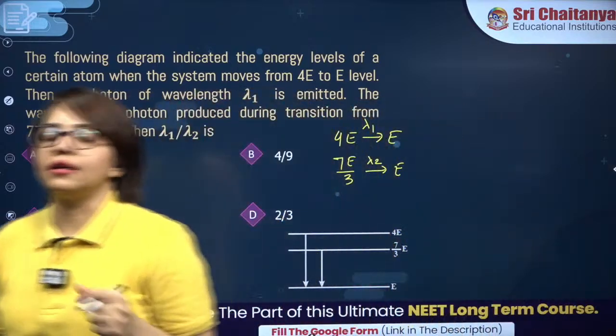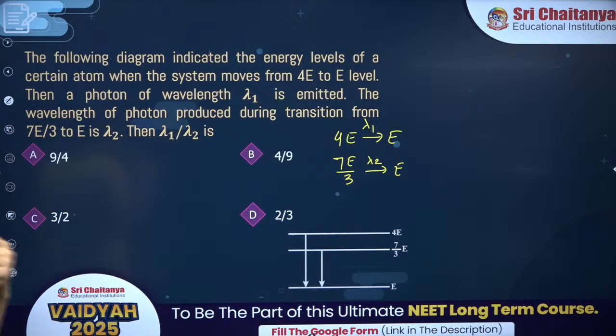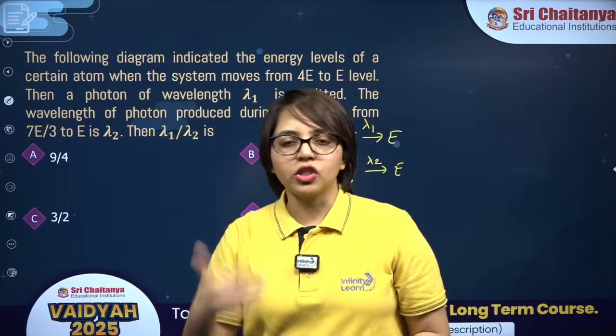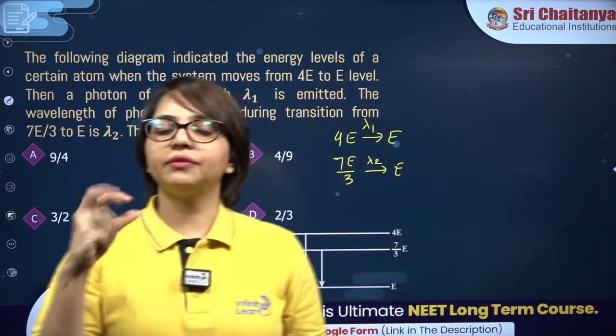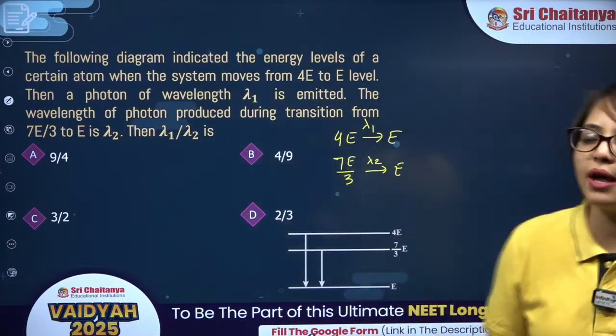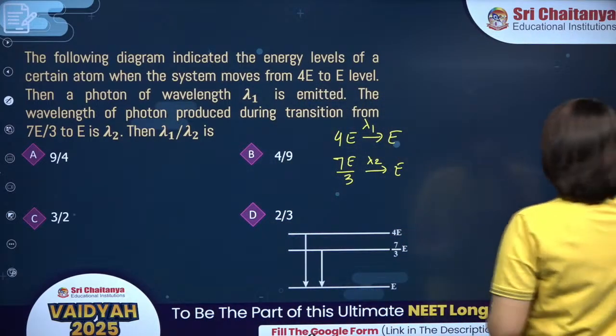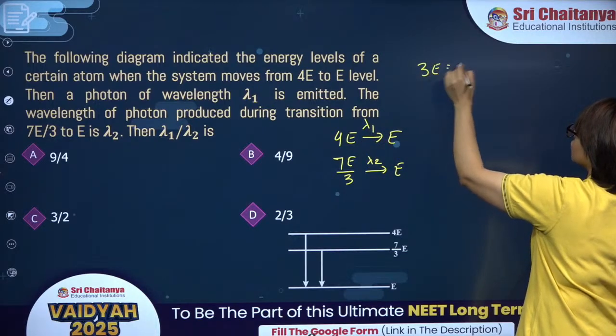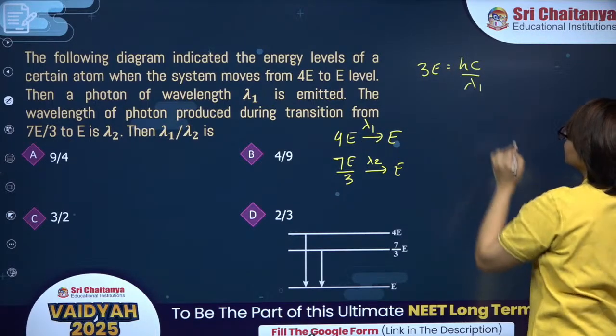So delta E, the difference in the energy level, should be hc divided by lambda. Whatever energy difference is there appears in the form of the energy of the photon, which is hc divided by lambda. In the first case, the energy difference is 4E minus E, 3E, which equals hc divided by lambda 1.